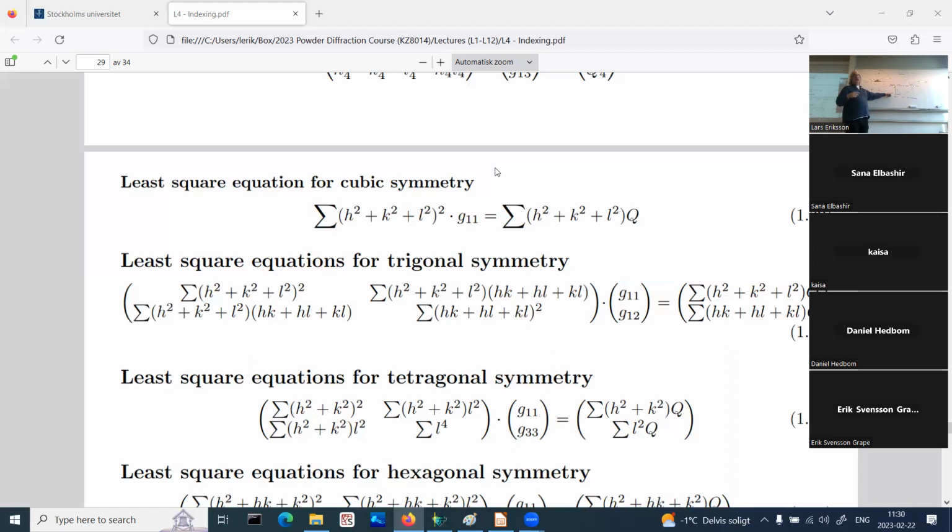This is exactly the same idea as other types of least squares assignment. Try to find these parameters, minimizing the difference to the calculated value, which is dependent on maybe the alpha.